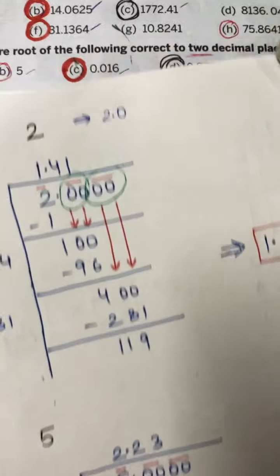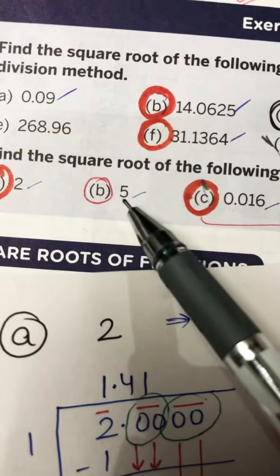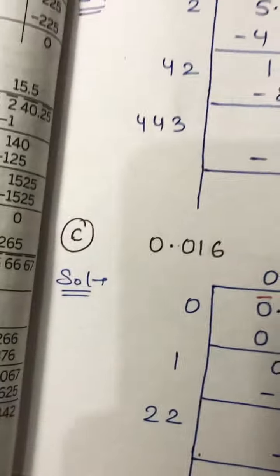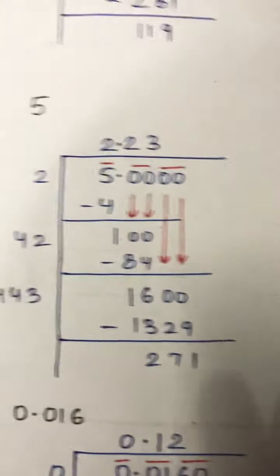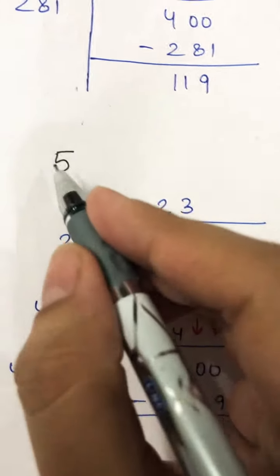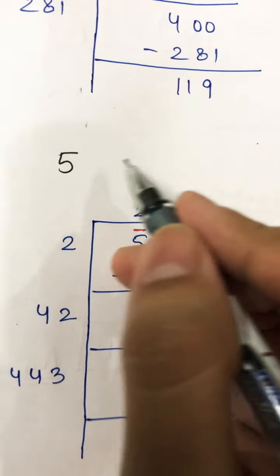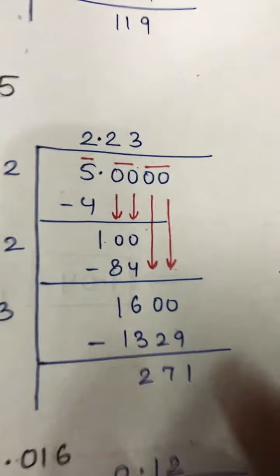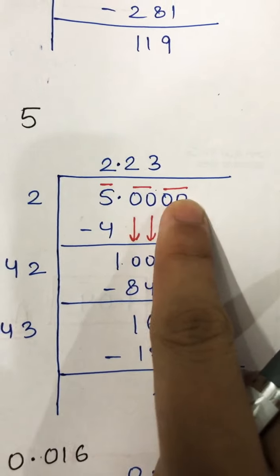Now the next B part question is 5. So we'll do it in this way. First of all, 5 means 5.0 or 5.0000, whatever zeros you can write. But how many zeros can you place after the decimal?